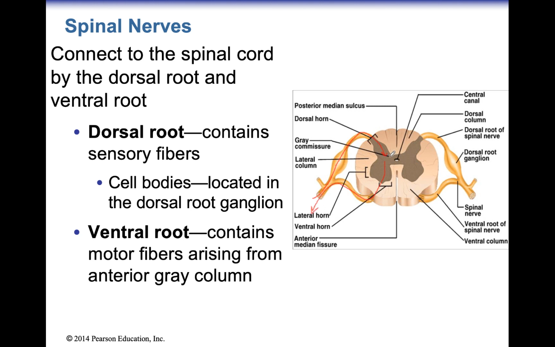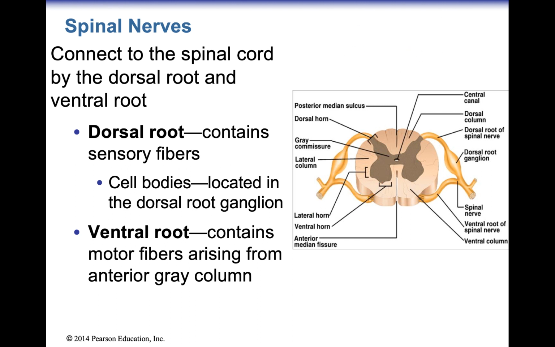Now, right here, usually that signal shoots up to the brain to get integrated. And what that means is the brain decides what to do with this incoming signal. If it's a signal for pain, the brain's going to send an outgoing signal to say, hey, move out of the way. If it's a signal that something is too hot, it's going to say, hey, move your hand out of the way of the flame. It's too hot. So the brain will decide and integrate those signals.